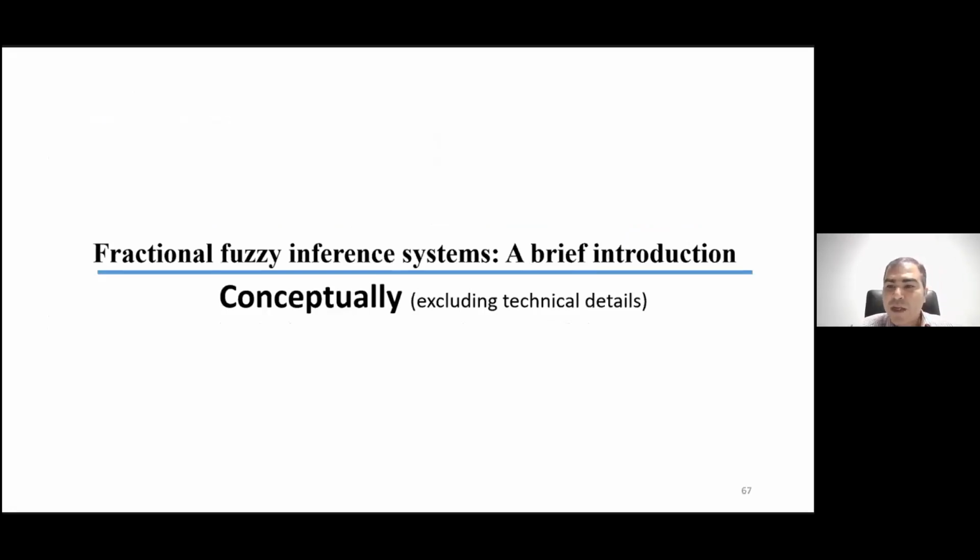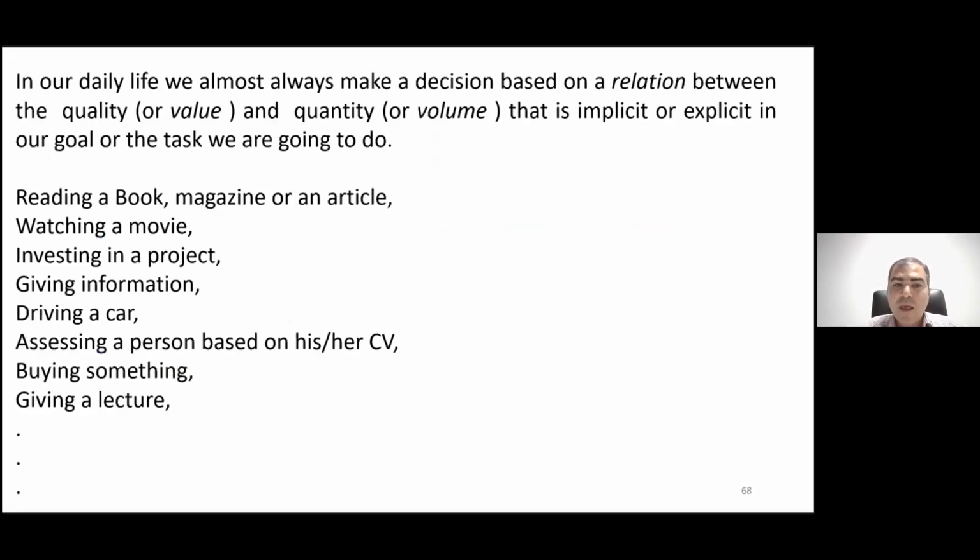I'll try to finish my lecture very soon by presenting a brief introduction of FFISs conceptually without giving technical details. In our daily life, we almost always make a decision based on a relation between the quality or value and quantity or volume that is implicit or explicit in our goal or the task we are going to do.